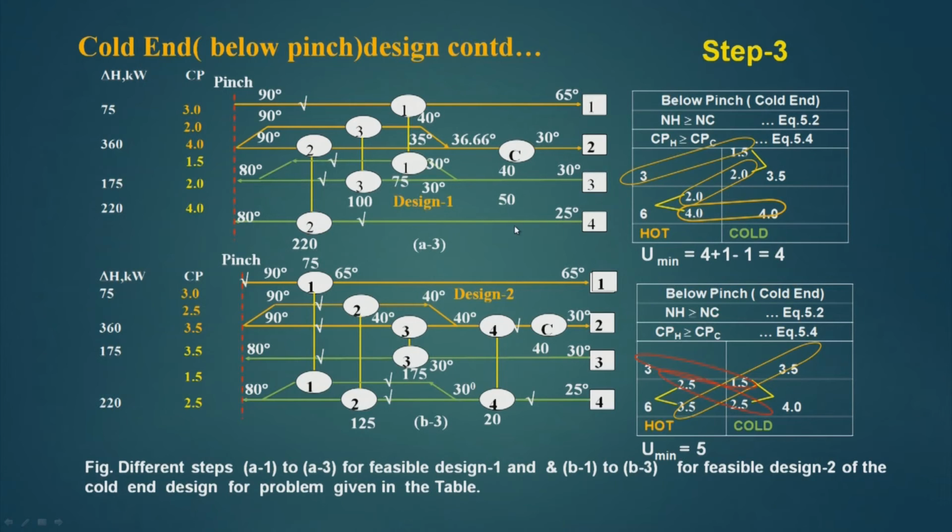Now, if I apply my U minimum criteria here, there are 4 streams and 1 cold utility. So, this is 4 plus 1 minus 1, this is 4. So, I am able to reach my units target as well as my energy target, because through PTA I have calculated that my cold utility requirement will be 40 kilowatts.